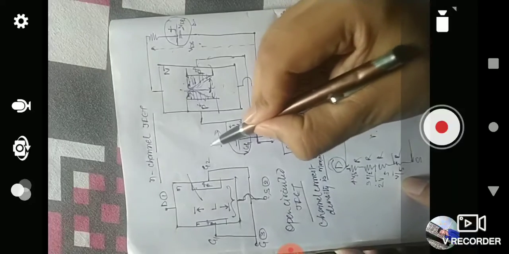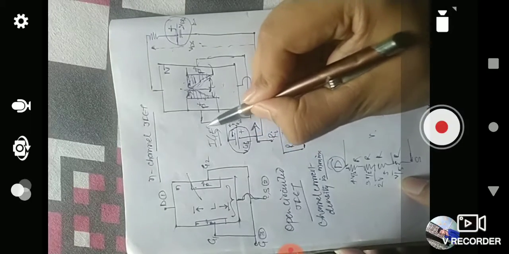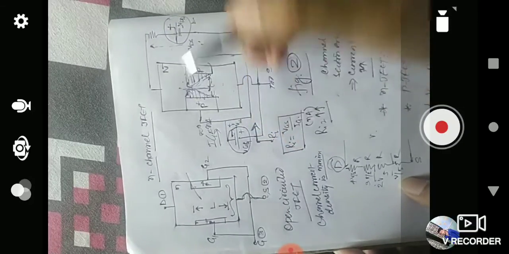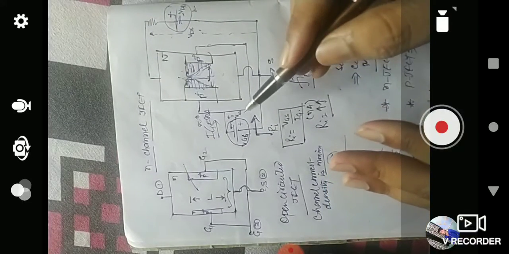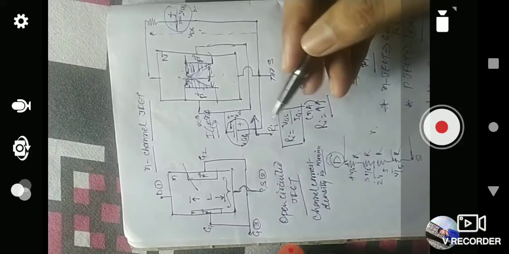As you know, there is a negligible gate current here, meaning Ig is of the nanoampere order. If you neglect it, there is no role of Ig here.